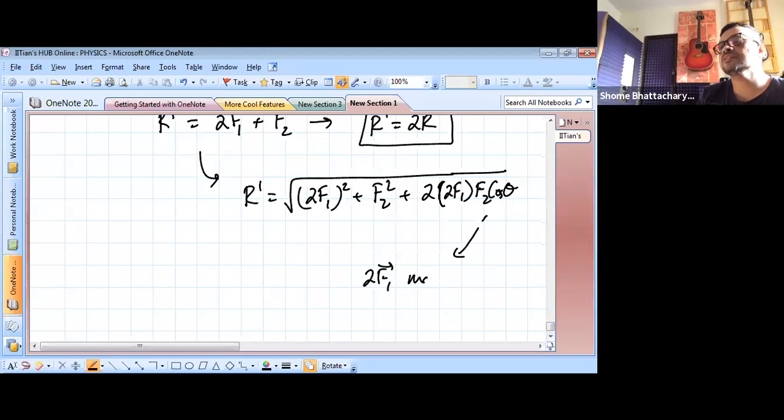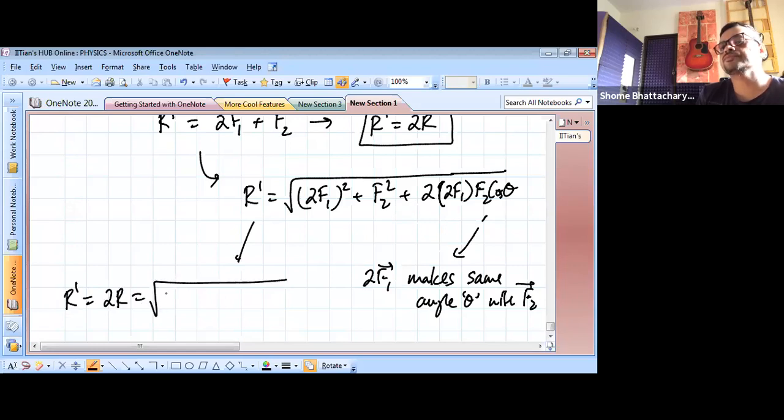Why will this theta be the same? 2F1 makes the same angle theta with F2. So now this has to be how much? This has to be 2R. This R prime has to become 2R. That is equal to square root of 2F1 whole square plus F2 square plus 2 times 2F1 F2 cos theta.